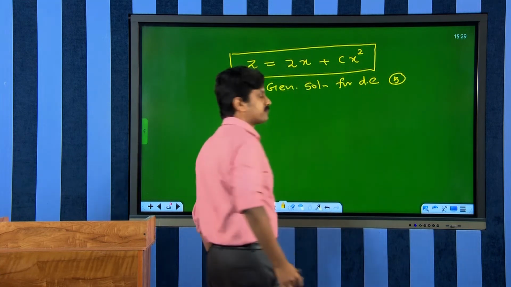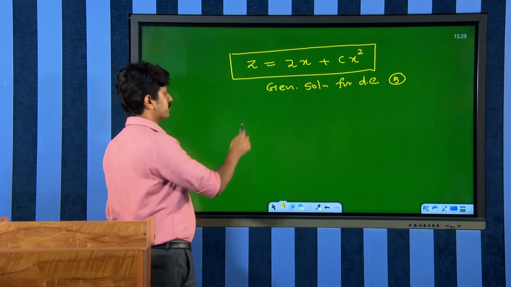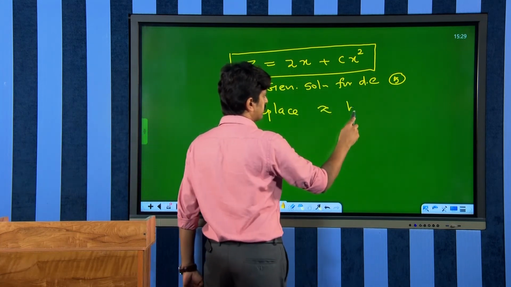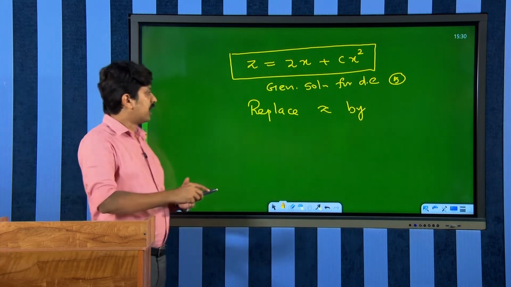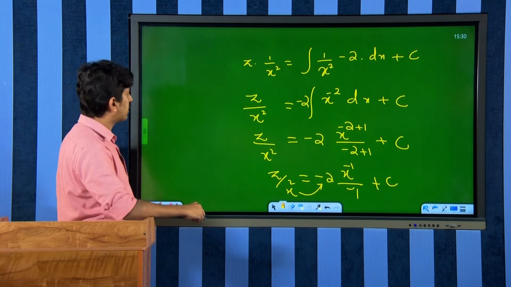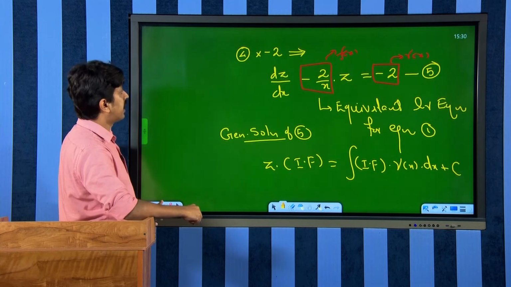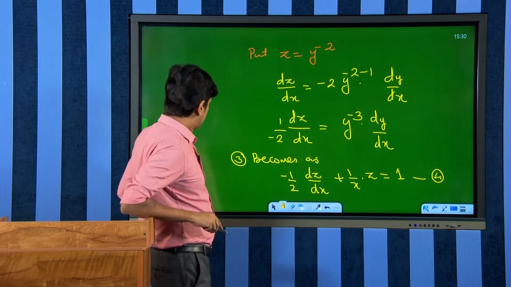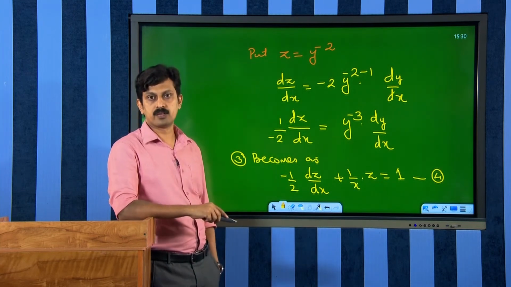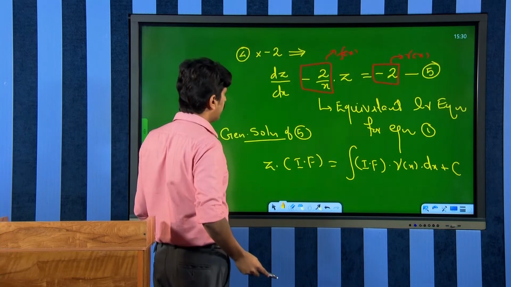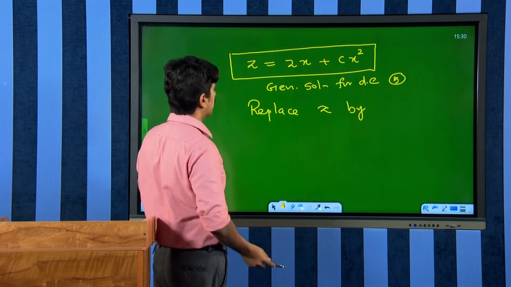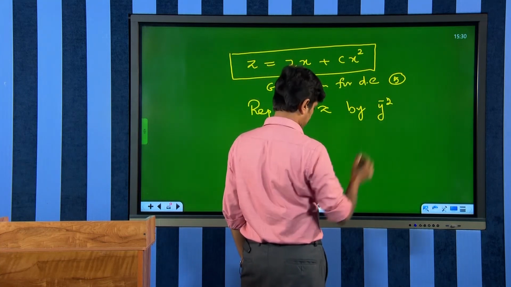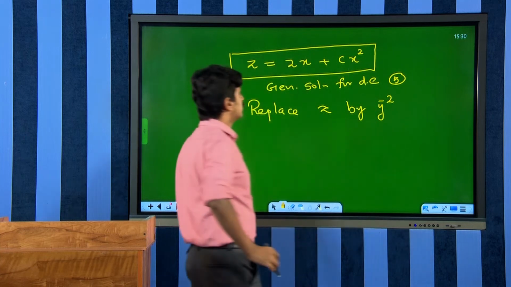Now we can replace the value of z. See, the substitution for z is given as z equal to y raised to minus 2. So we can replace z by y raised to minus 2.